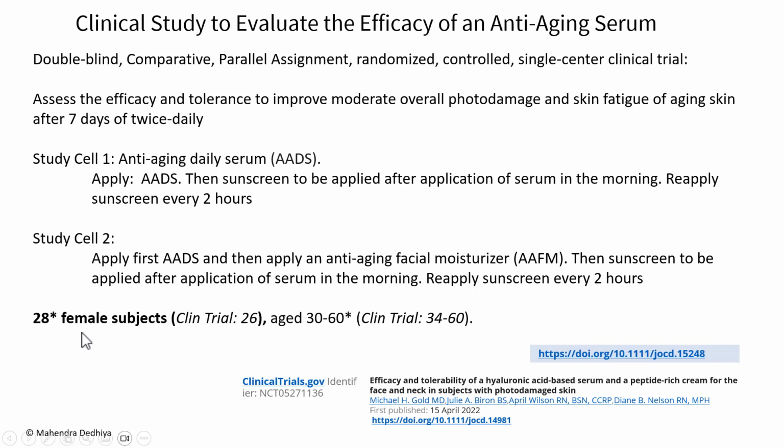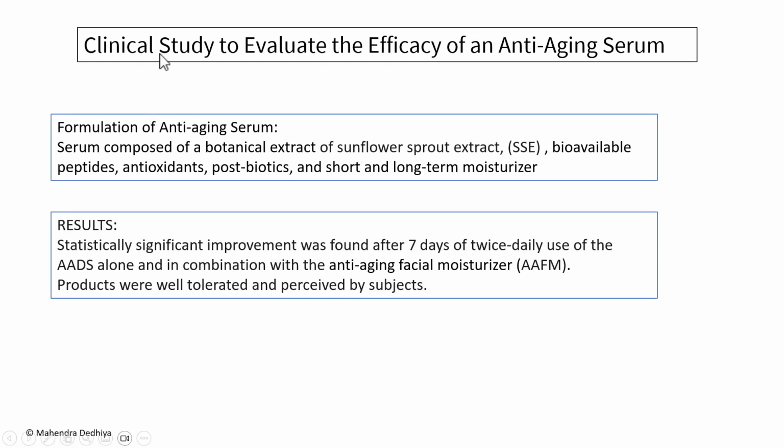28 female subjects aged 30 to 60 were enrolled. Information is published in clinicaltrials.gov and has been published in literature. The results show that the formulation of the anti-aging serum is composed of botanical extract of sunflower sprout extract, SE, bioavailable peptides, antioxidant, postbiotics, and short and long-term moisturizers.